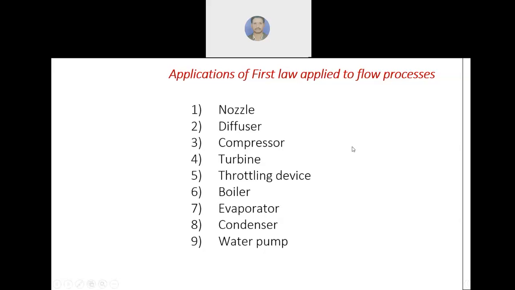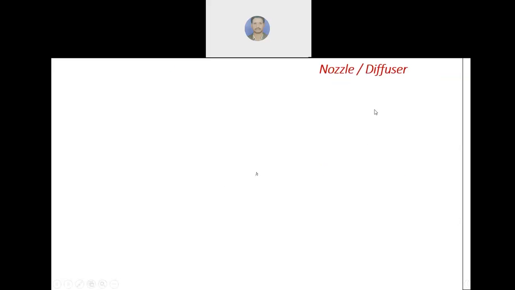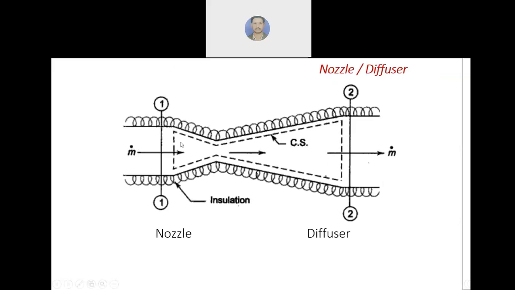Now let us see some of these one by one. First, nozzle and diffuser. This is the figure. It is a pipeline in which this equipment is fixed. This section is converging from higher to lower cross section, from higher diameter to lower diameter.